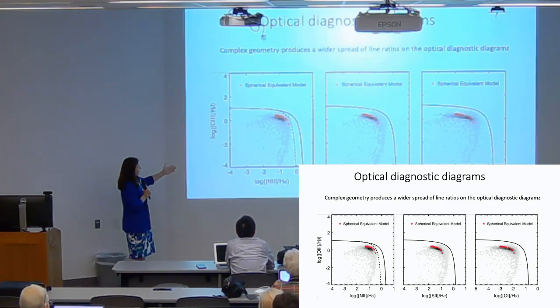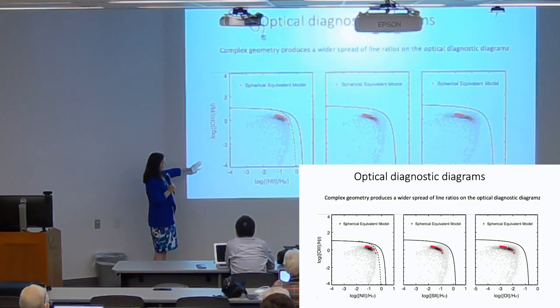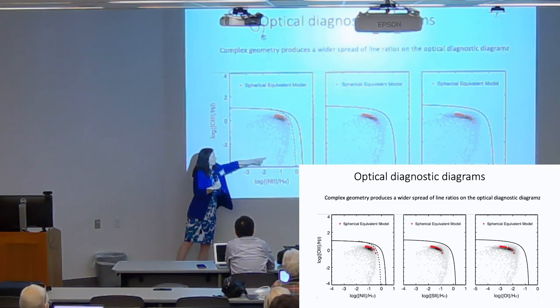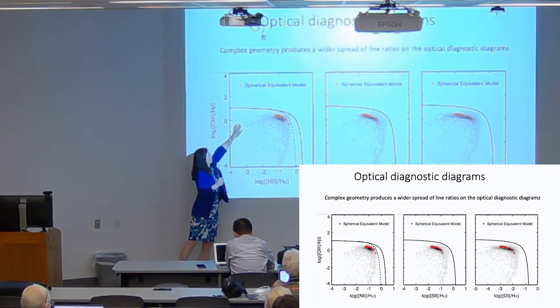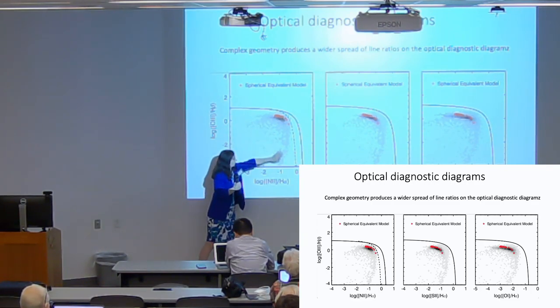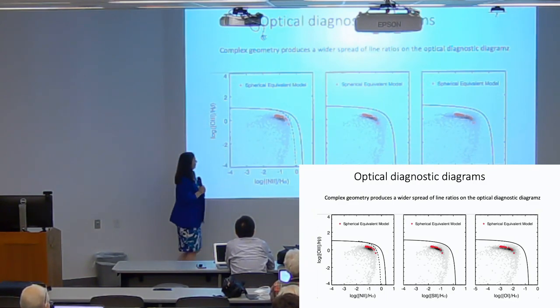This shows you the impact of the spread of emission lines on the optical diagnostic diagrams. For those of you familiar with optical diagnostic diagrams, this is a good way of separating star-forming galaxies from AGN, and also we see an H II region abundance sequence. The grey points here are actually our models. Low metallicity H II regions lie here, and high metallicity H II regions lie up here.